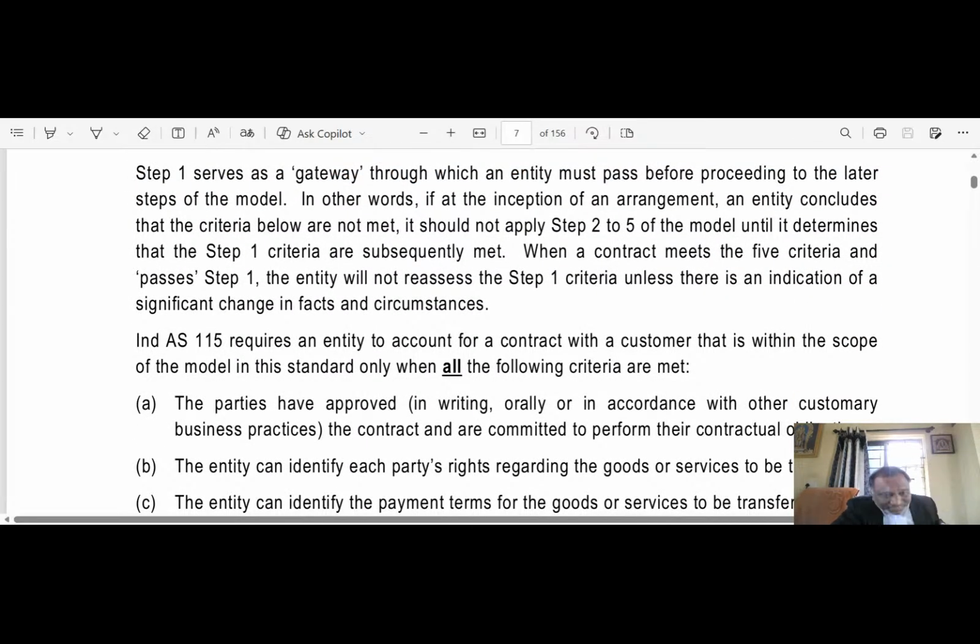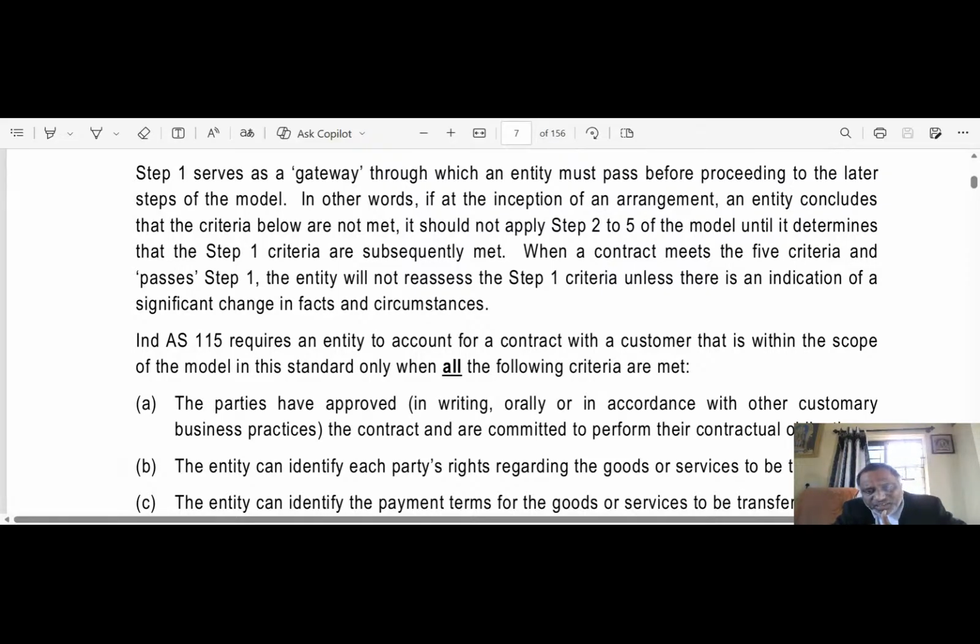IND AS 115 requires an entity to account for a contract with the customer that is within the scope of the standard only when all the following criteria are met. The parties have approved the contract in writing, orally, or in accordance with other customary business practices.